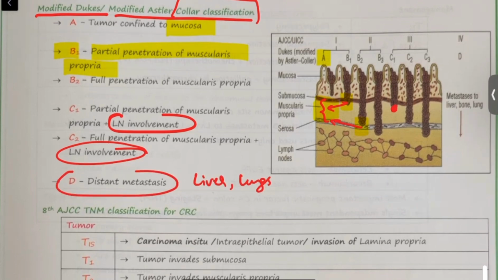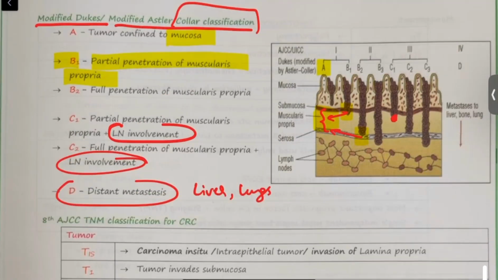Okay, it is easy, isn't it? Based on this, you can say, again, the AJCC or UICC, the American Joint Committee on Cancer, has made it simpler. So let us understand it. Stage 1 can be A and B1, that is partial, or you can say the tumor will be confined to the mucosa, or there will be partial penetration of the muscularis propria. If there is complete penetration of the muscularis propria or involvement of the serosa, then that will be stage 2.